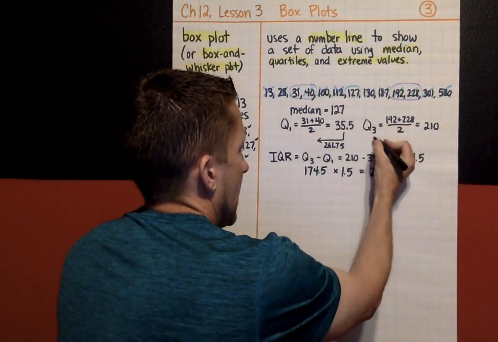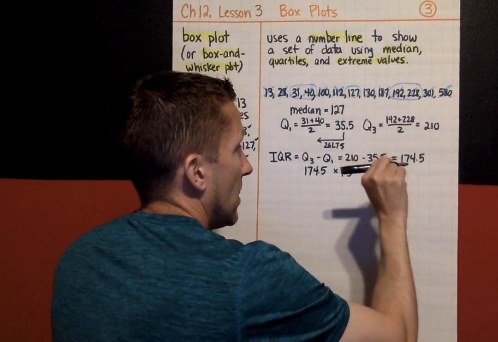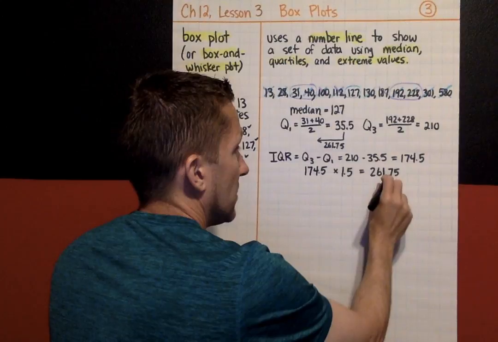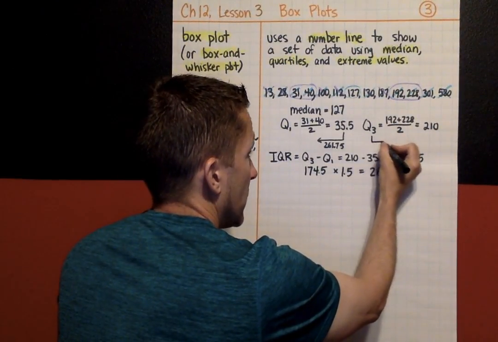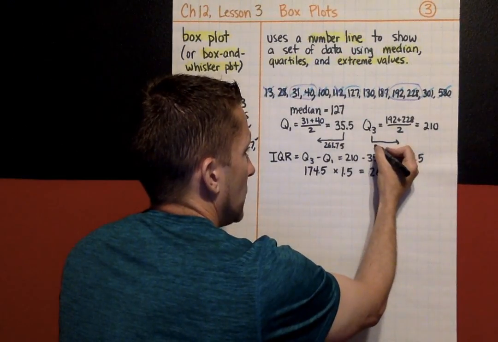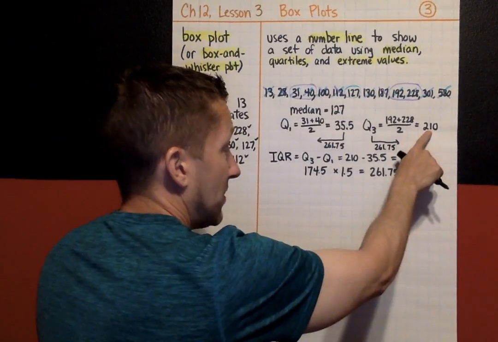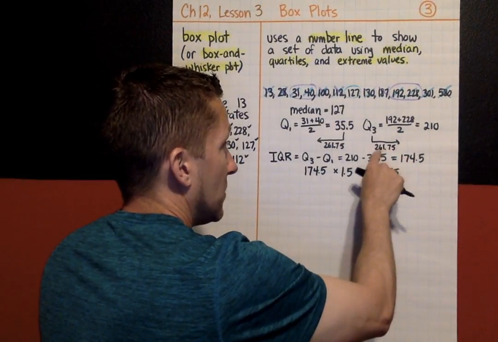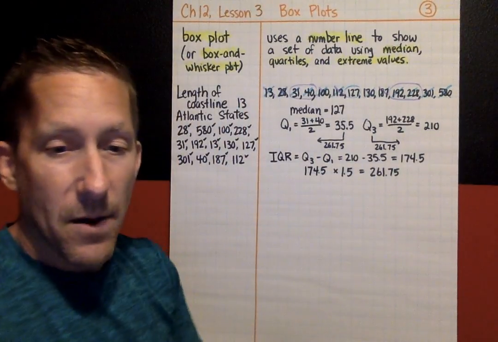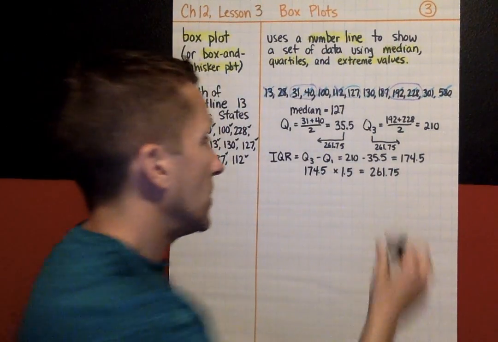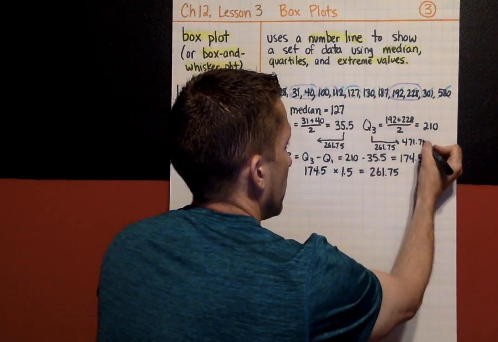Quartile 3. From quartile 3, which is 210, I'm going to go that way 261.75. So I'm at 210, I'm adding 261.75, which takes me out to 471.75.